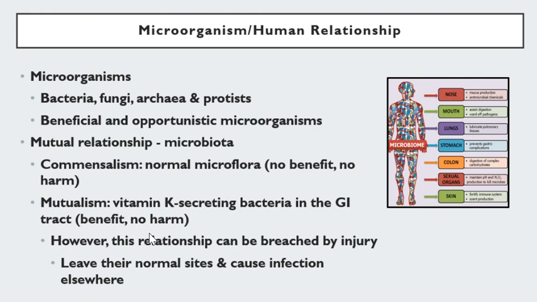And then we also have relationships inside of our gut where bacteria actually create certain really important vitamins, like vitamin K, that provide a benefit to the host organism itself. And then they leave their normal sites. Now, it's important that they stay in the gut. If they go inside your body and start replicating and causing disease, you can get certain problems. This is like certain digestive problems that we'll talk about later in the course.